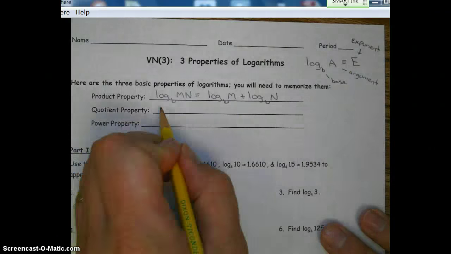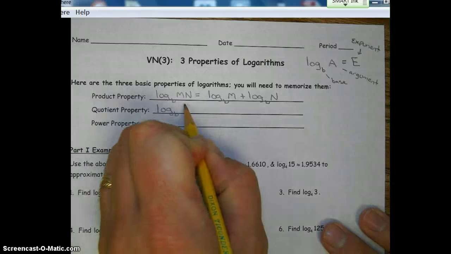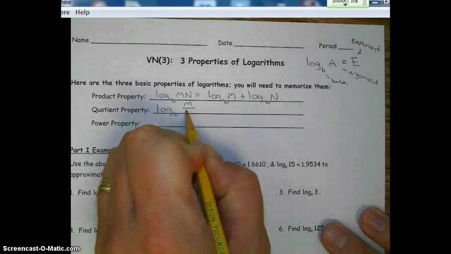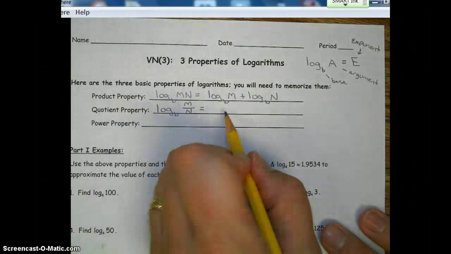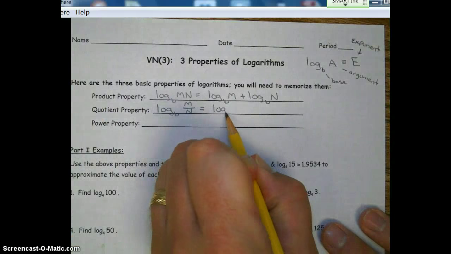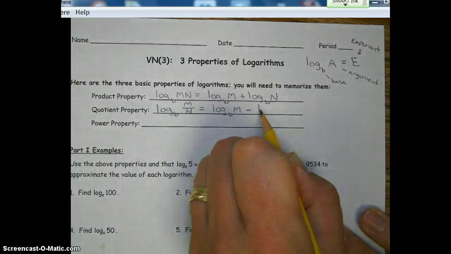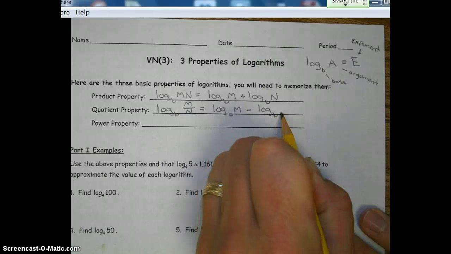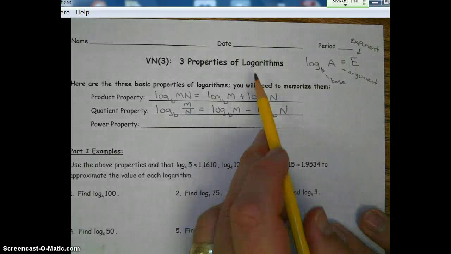Okay, let's take a look at the quotient property. We got log base B of m over n. That breaks down to the log base B of m minus the log base B of n. Remember what I said in class.